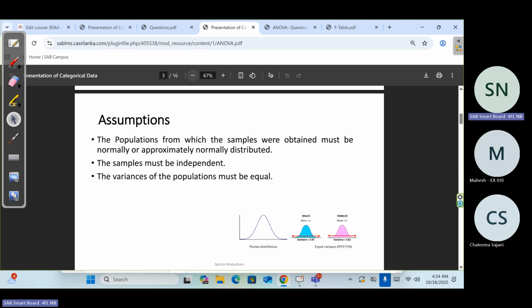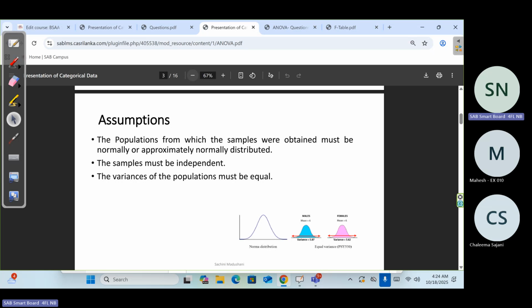Second assumption is the samples must be independent. We have 3 groups, then these 3 groups are independent. It means each group has no influence on one another. There can be no relationship between the groups, no impact. It's clear?